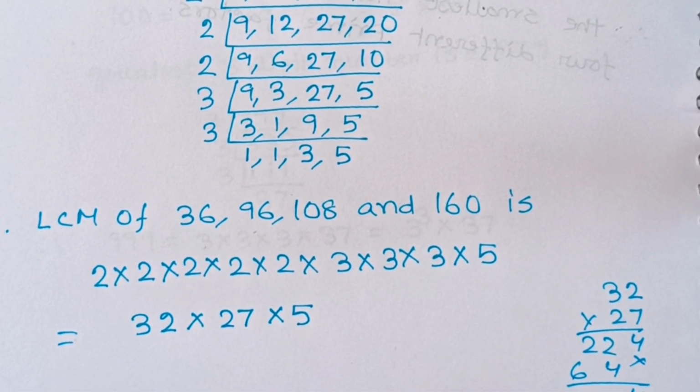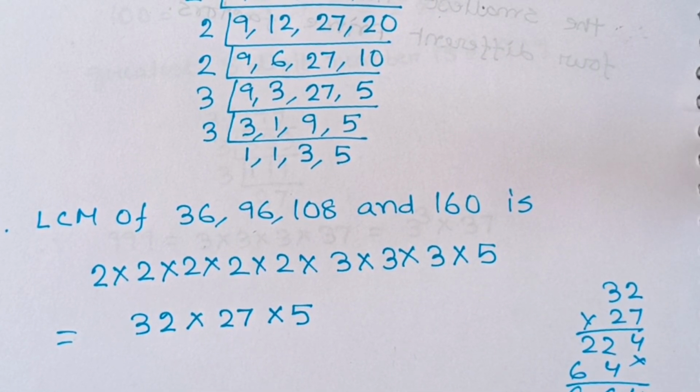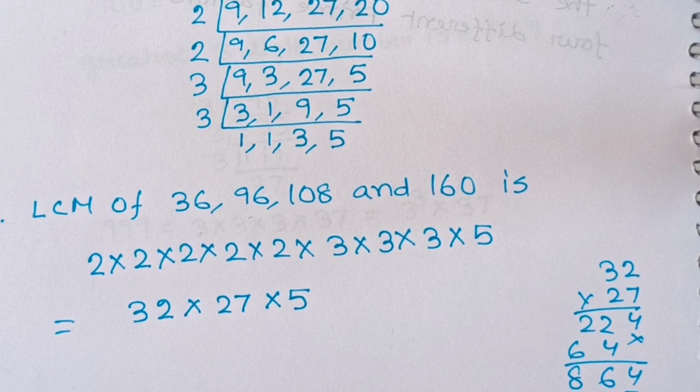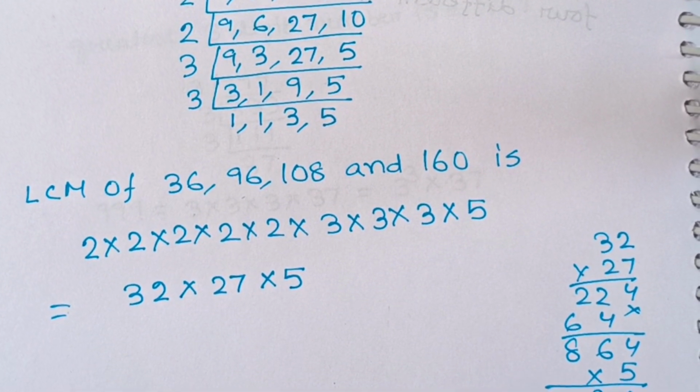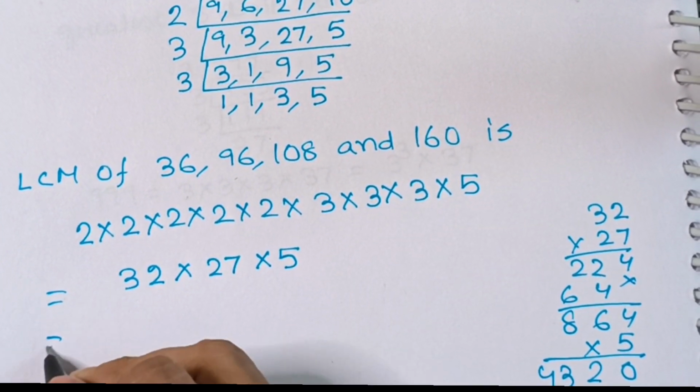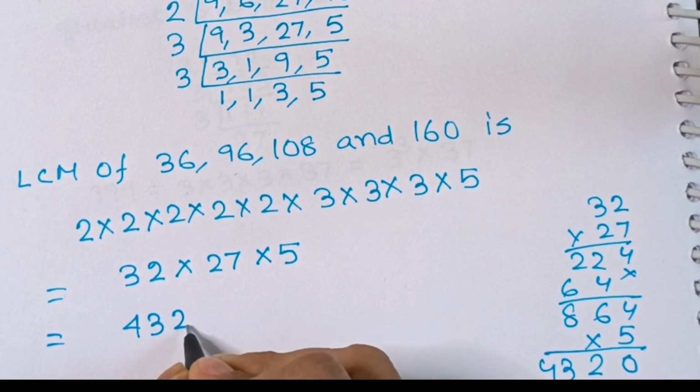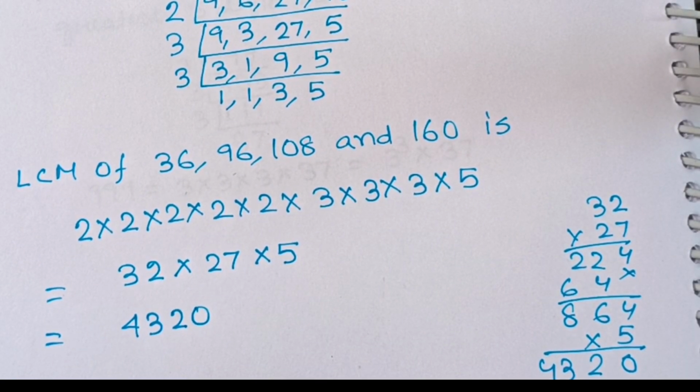So the LCM of 36, 96, 108 and 160 is 4320. This method works for any set of numbers.